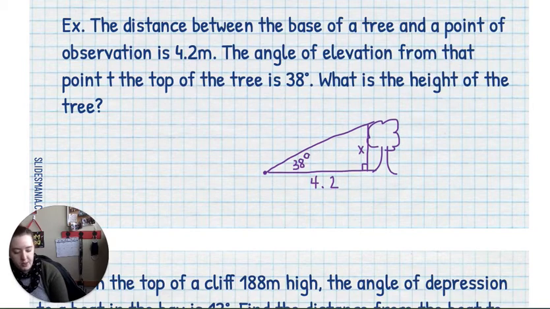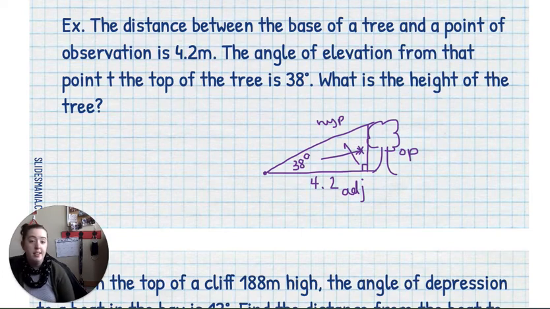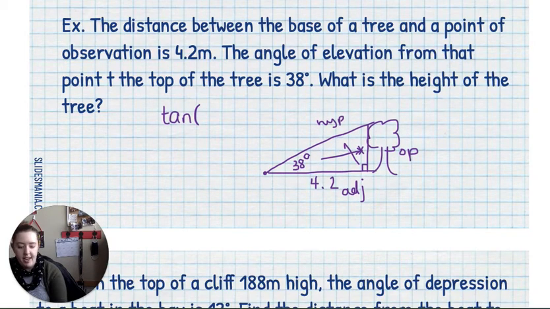We'll start labeling up our sides. Across from this is my opposite side. Across from my right angle is the hypotenuse. The side that's left over is the adjacent. Since I want to find my opposite and I'm given adjacent, I need to use tangent to solve. So we have tangent of our angle, 38, equals opposite over adjacent, so x over 4.2.